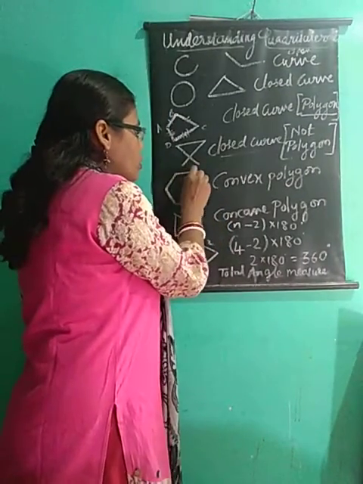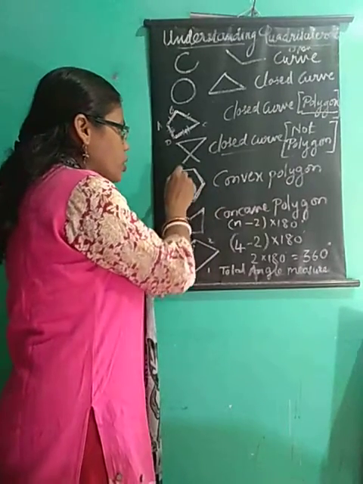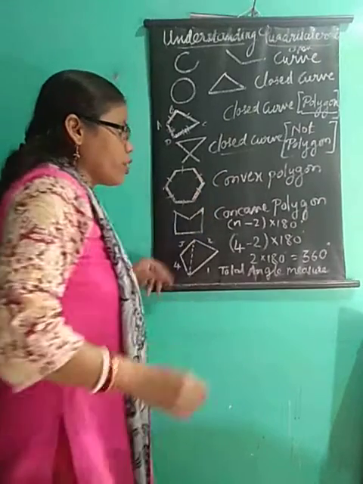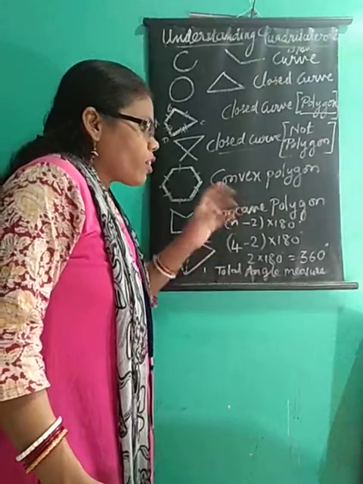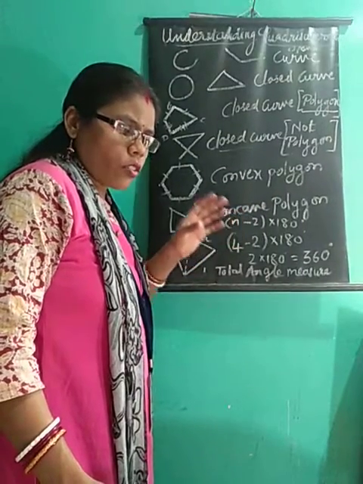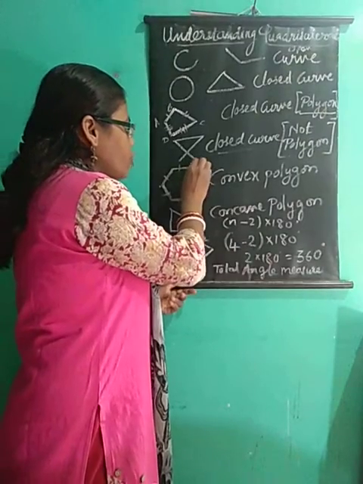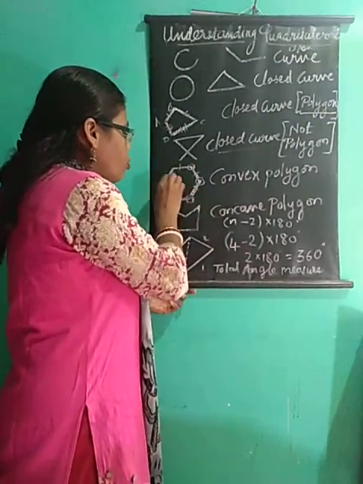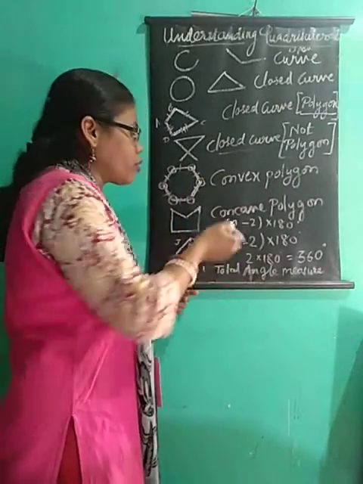Convex polygon is made up of as many sides as you can take. Here this figure is 1, 2, 3, 4, 5, 6. 6 sides it is. Now, first you should know convex polygon. Convex means what? The angles you see, or the vertex. You know what is vertex? In angles you have studied all that, vertex and other things.